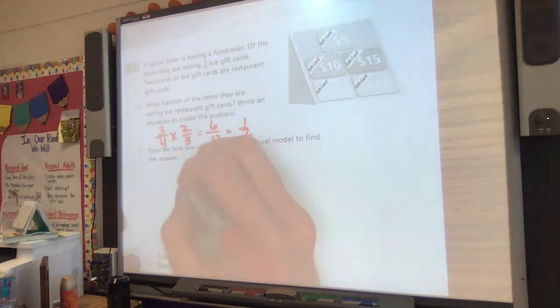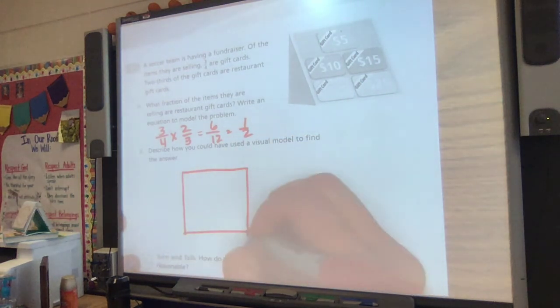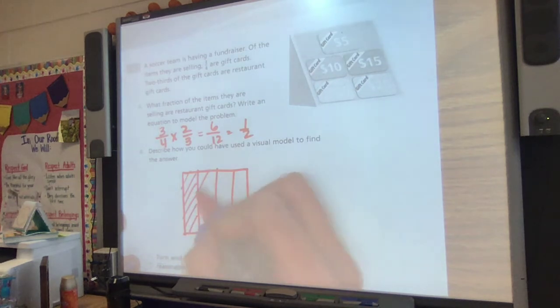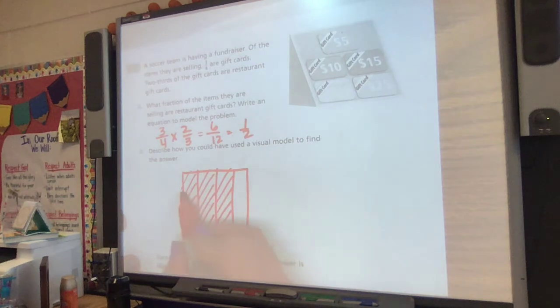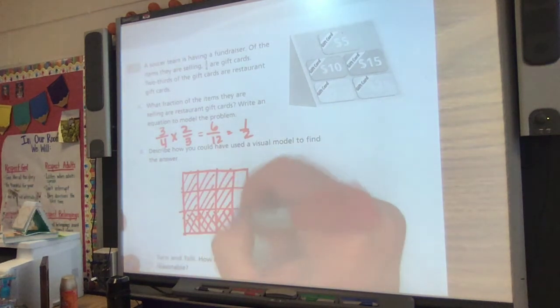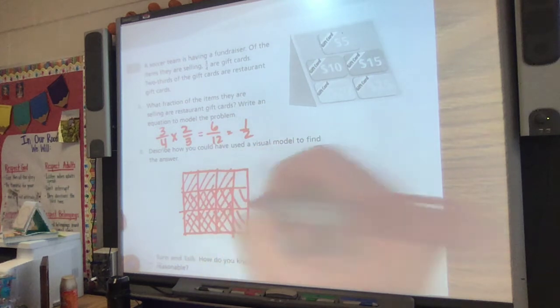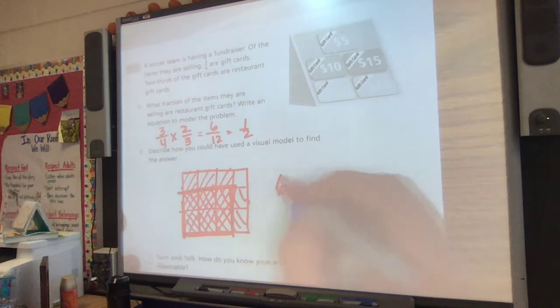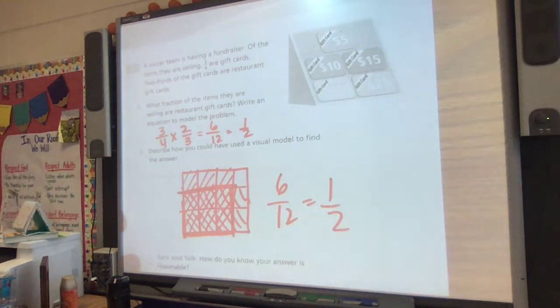Well, let's just draw one. Let's represent 3/4. And then 2/3 of that. So now I'm going to put it in thirds, and I'm going to do 2 of those thirds. They overlap right here. That's 6 of them out of my 4, 8, 12, which still shows me a half.